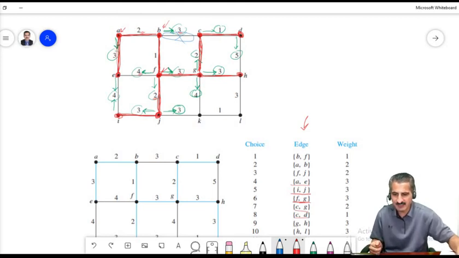Now I can see from H here a weight of 3, okay, and a weight of 5. Now I will not choose this anymore because it will make a circuit. So we see weight of 3, weight 4, and weight 3, and then we will choose one of them.